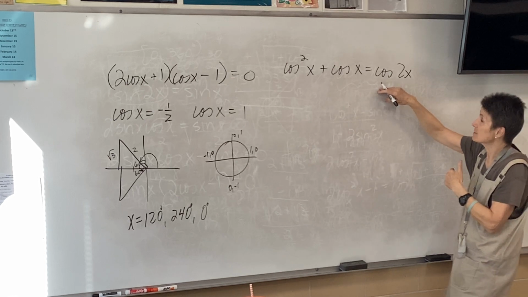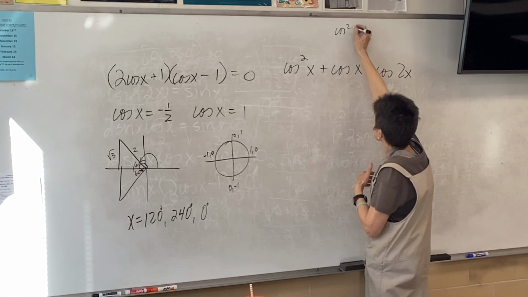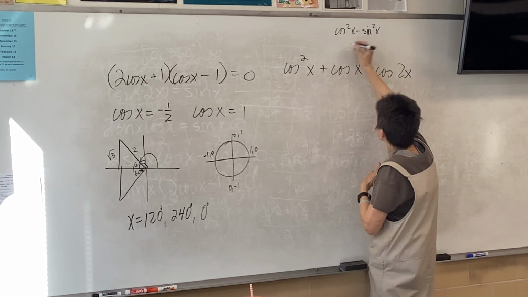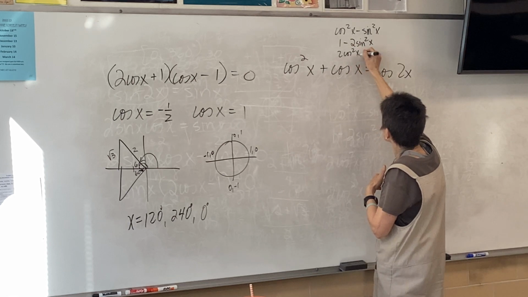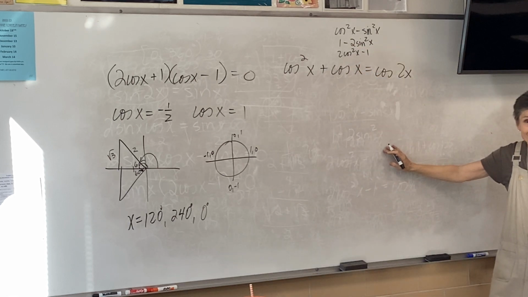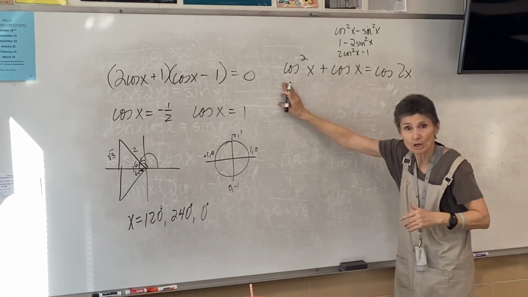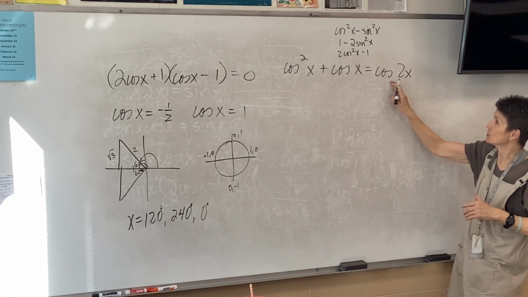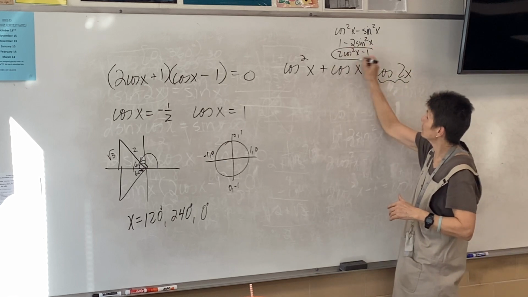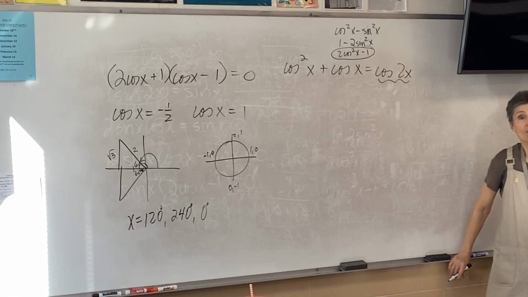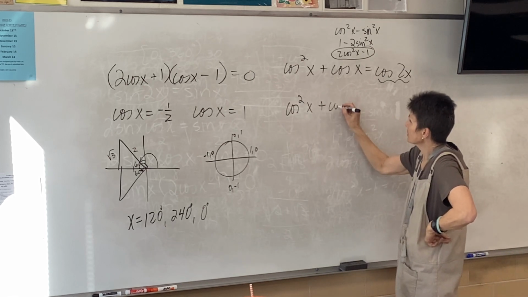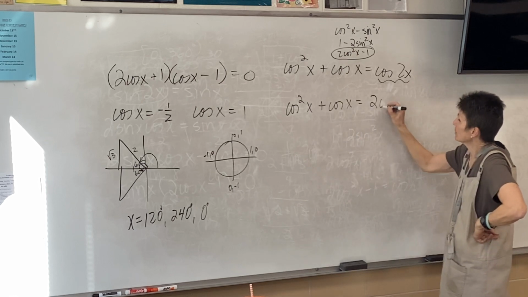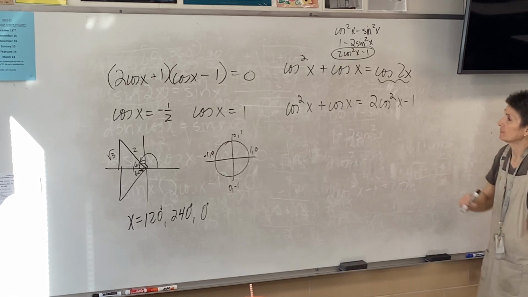Your choices are cosine squared minus sine squared, 1 minus 2 sine squared, and 2 cosine squared minus 1. So it seems to me, again, because all these are cosines, that we're going to change this into this. That just makes sense. So, cosine squared plus cosine equals 2 cosine squared minus 1.